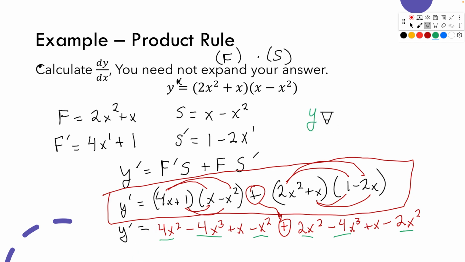So I'll put it up here. Simplifying. So we're going to get negative 8x to the third. And we're adding like terms, so it's not x to the 6, it's x to the third. It's still like terms, right? The x squareds, we've got a plus 4x squared, we've got a minus, so we're down to 3x squared. We've got a plus 2x, so that gives us a 5x squared. And then we've got a minus 2, so 5 minus 2 is 3x squared.